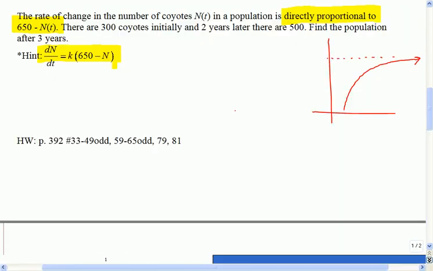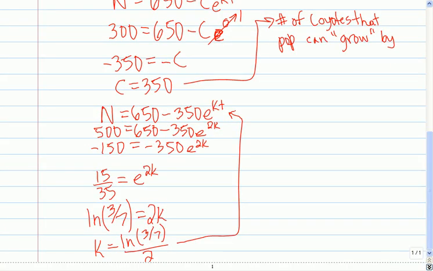Let me just see here. After 3 years. So at 3 years, we'll have 650 take away the initial population, which has grown at this rate for 3 years.